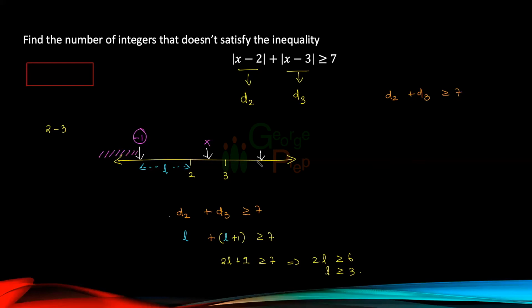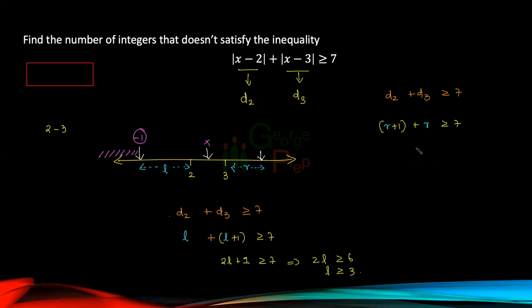Now that I've placed it to the right of 3, let me say it is at a distance r units from 3. So d2, write it as r plus 1. d3, I can write as just r, the distance of 3 from that point. So that should be greater than or equal to 7.